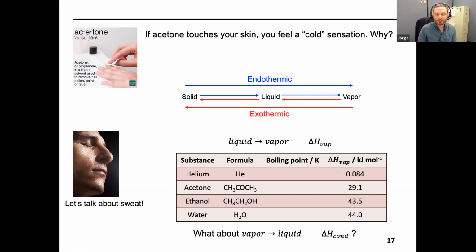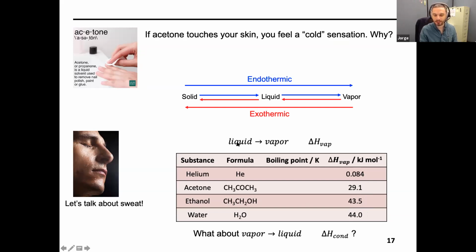Therefore, the boiling point for helium is going to be the lowest one in this series, because it really needs a very tiny amount of energy for the transformation to happen. And that will be followed by acetone, ethanol, and then the highest boiling point will be for the water because it needs more energy to happen, therefore higher temperature.